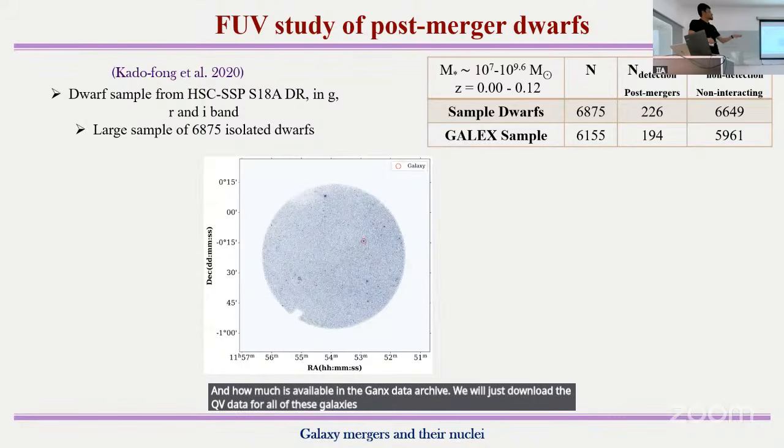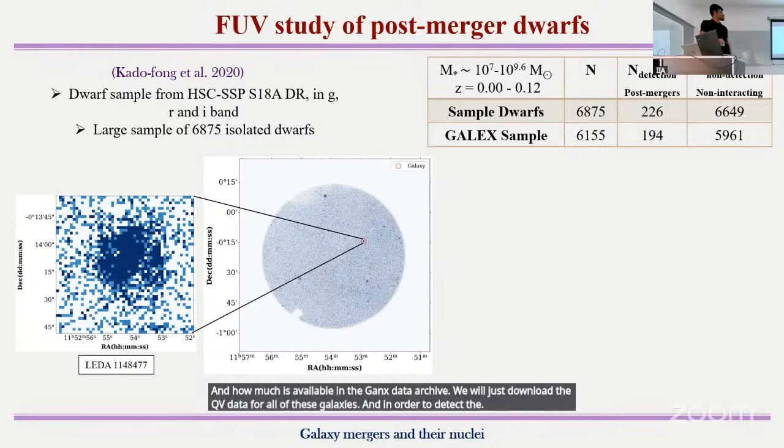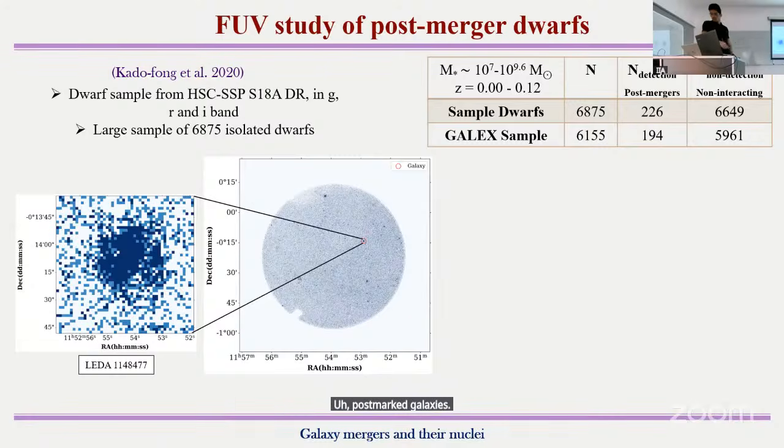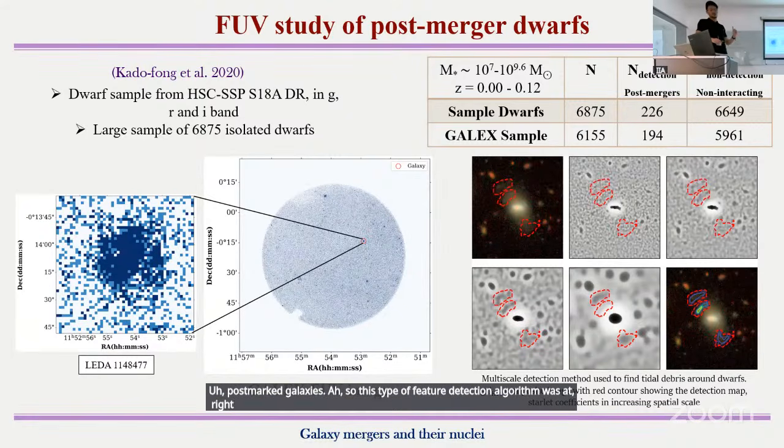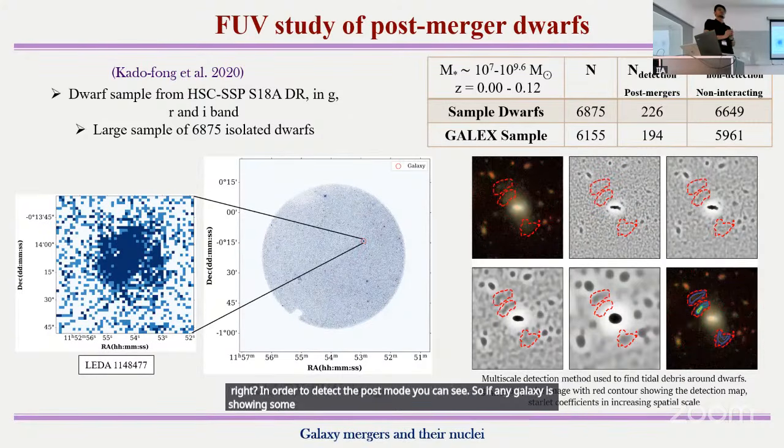In order to detect the post-merger galaxies, a tidal feature detection algorithm was applied. If any galaxy is showing some tidal signature, we will find that it could be a remnant of some post-merger event between two dwarf galaxies.